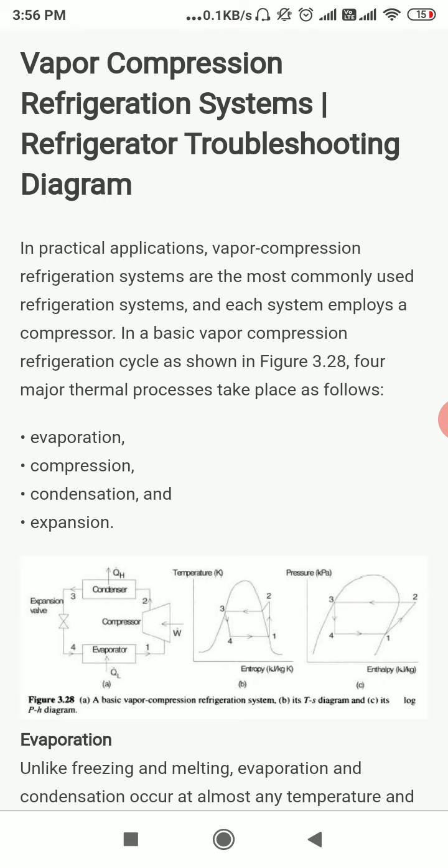Let me explain where the compressor and evaporator and condenser and capillary tube are situated. Condenser, if you are talking about the refrigerator, the condenser is situated behind the refrigerator.